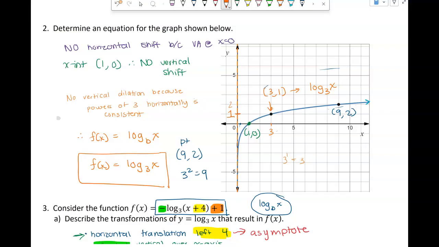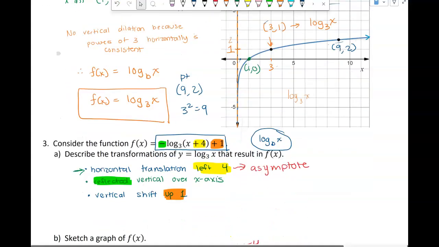So because this is following the curvature of log base 3 of x, there is no vertical dilation, and so we can just say that the equation of this graph would be f(x) equals log base 3 of x.